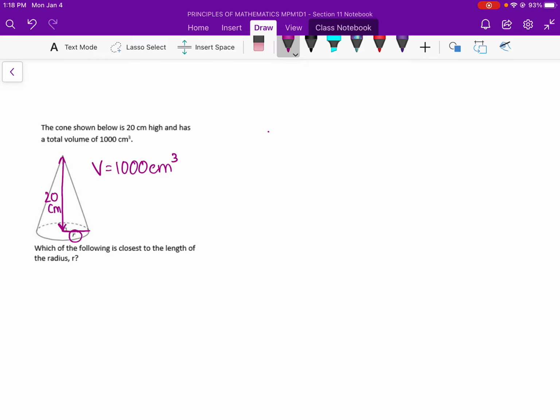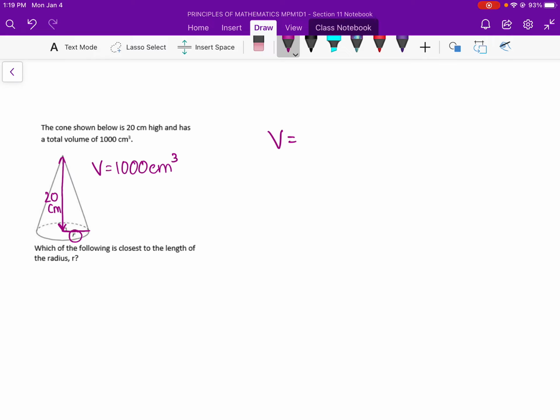So this is one of those questions where you use the volume formula and you have to try to isolate the radius. So remember the volume formula for a cone is pi, wait, what is it? I'm having a brain block. Okay, let's just say I forget. Ah, it's like a cylinder, but you divide it by 3.